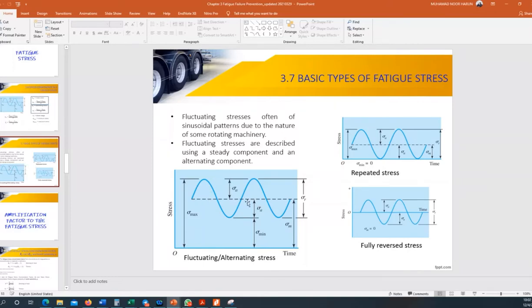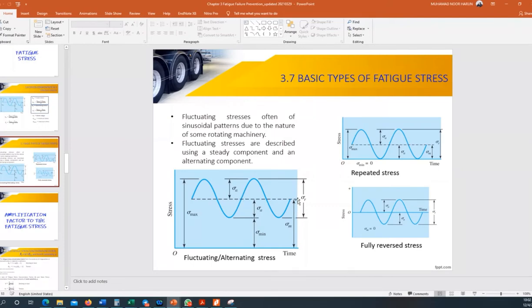So what's the value of that from the middle line of the sinusoidal graph? From the middle line, that is alternating.